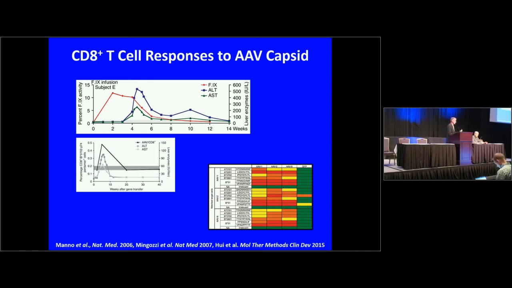It is not entirely clear if those are primary or memory responses, but further analysis has shown that humans do tend to harbor CD8 cells that recognize AAV capsid, at least adults, and that there is cross-reactivity, or that some of these epitopes are conserved between different serotypes.